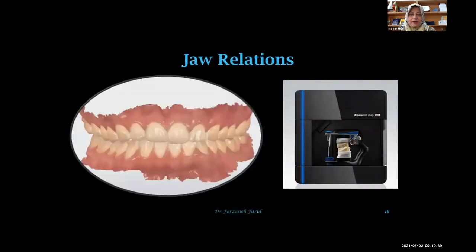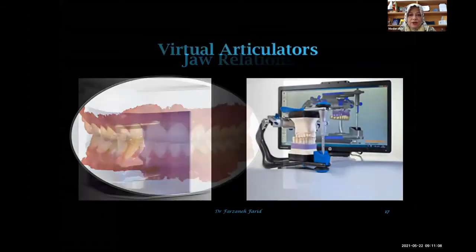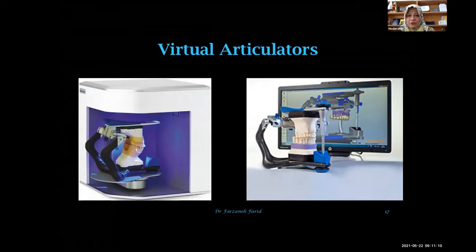And then, like any other prosthodontic treatment, we should have jaw relation records. We can record jaw relations directly inside the mouth, like the left figure, or in more complex cases, we can scan the cast mounted on the articulator. So we also have virtual articulators, not only real articulators.